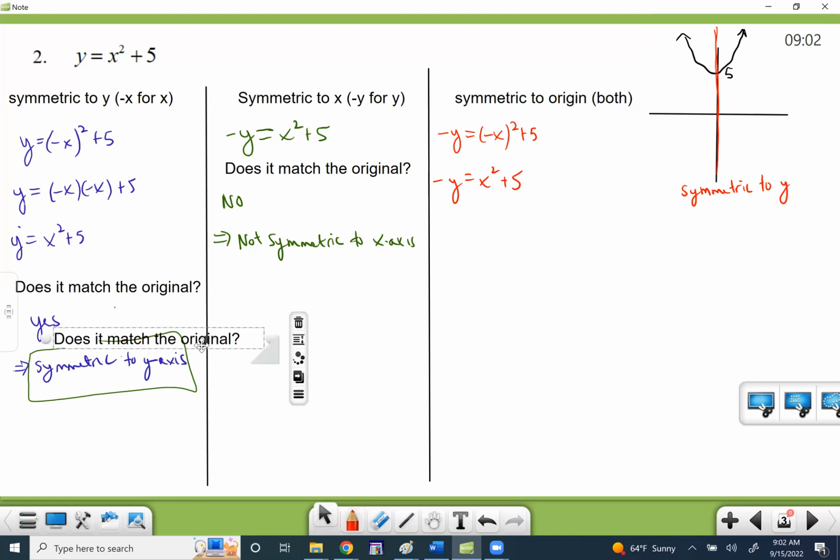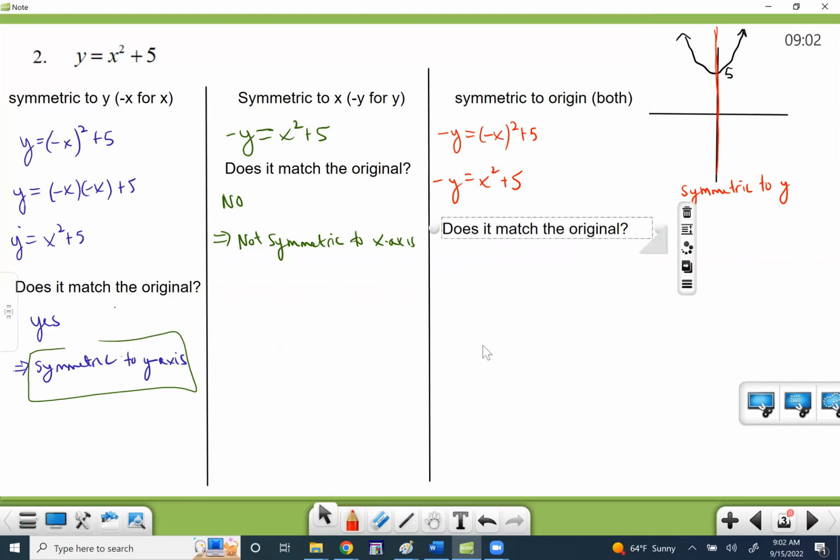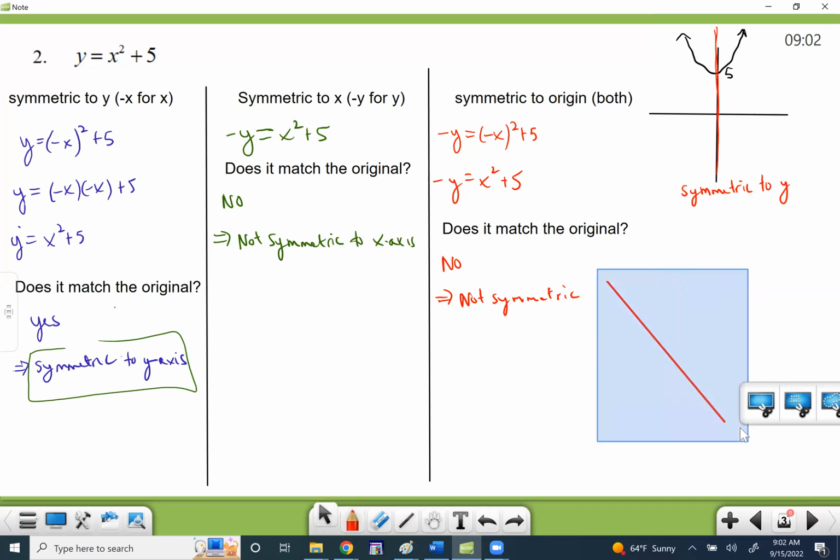Almost, but not quite, right? That negative y is ruining it. Okay, so no. So that implies not symmetric to the origin. Oops. Oh my. Okay, so let's see, how do I get rid of that line? There we go.